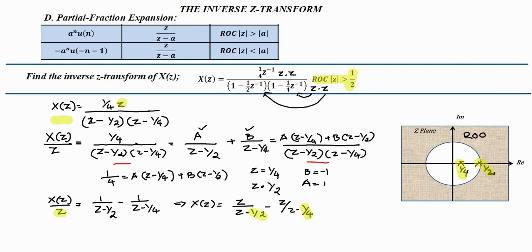From the standard definition, if the ROC is greater than the poles, we can write the answer in a causal form. So I can write x of n is equal to 1 by 2 the whole raised to n into u of n minus 1 by 4 the whole raised to n into u of n. So this is the answer.